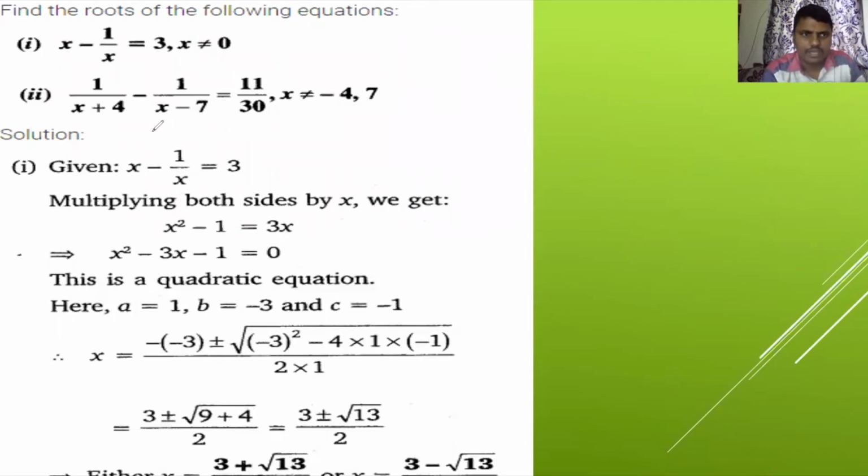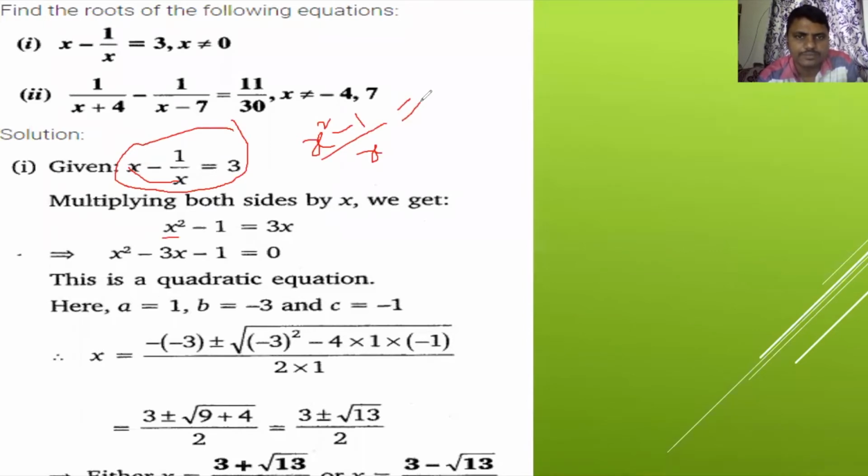Look here. The given x minus 1 by x is equal to 3. If you cross multiply, x into x square, you have to do like this. Generally, if you take LCM as x, x square minus 1 by x is equal to 3, you will get.